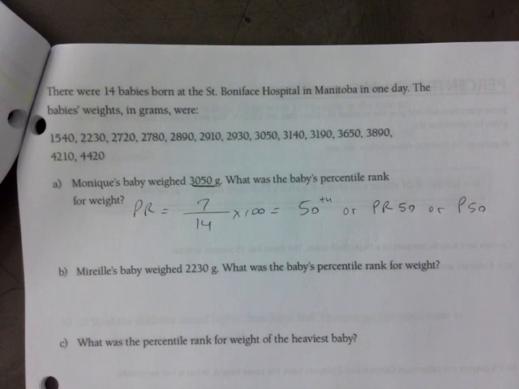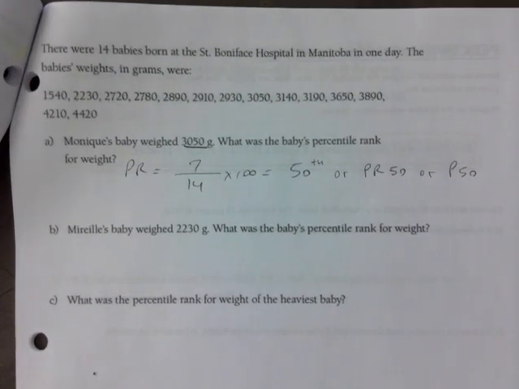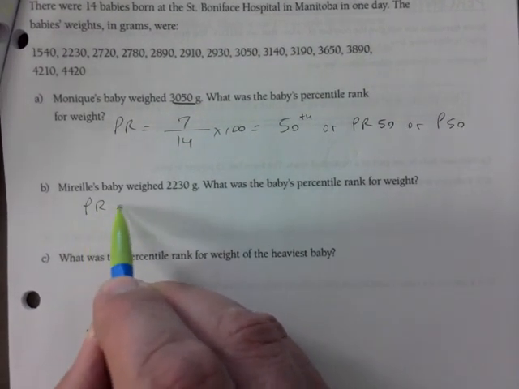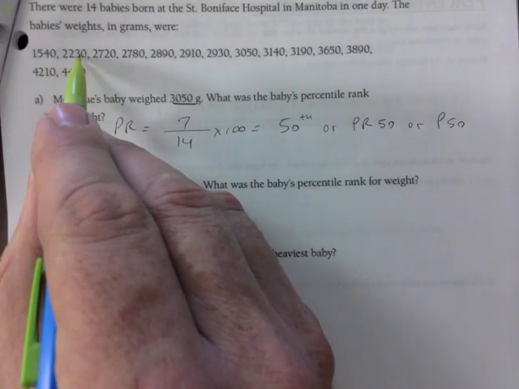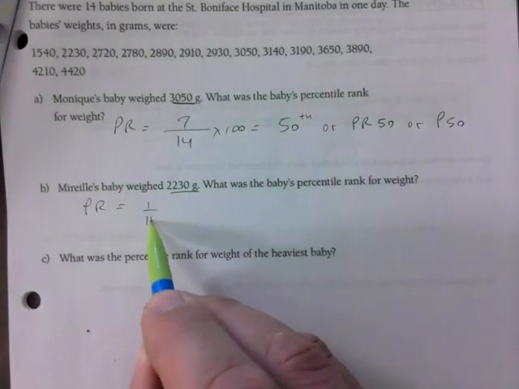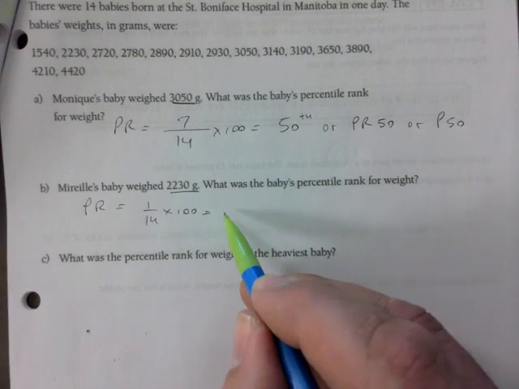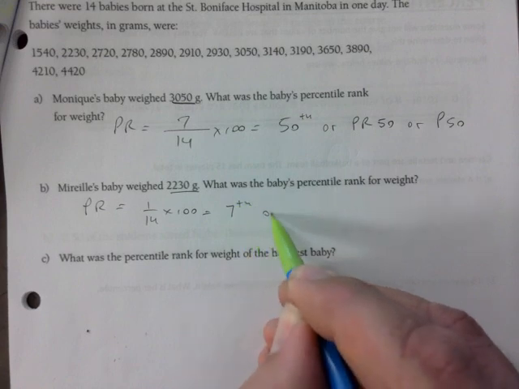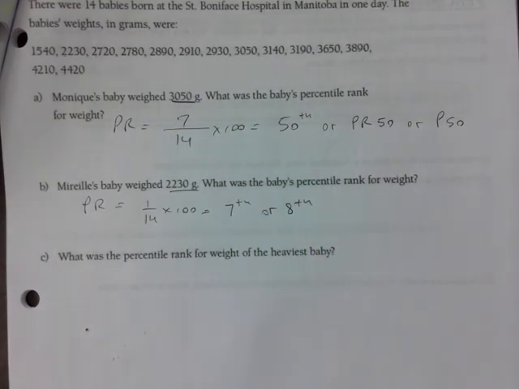The reason I'm giving all of them to you is because if they have a question where it says someone's weight puts them at a PR 50, then you know that's the 50th percentile, right? It's just a weird way to do it. So PR for this weight, there is only one that is below, and that comes up to 7 something, so 7 or 8. Okay. So that means that only 7 or 8% of babies weigh less.